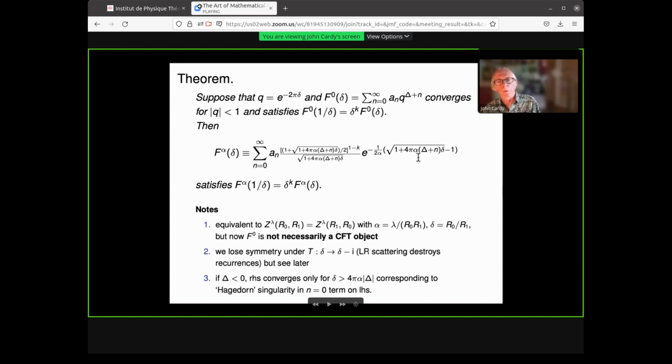So basically, when you get above this temperature, the effective density of states grows exponentially with n instead of exponentially with the square root of n, and that's the Hagedorn behavior.